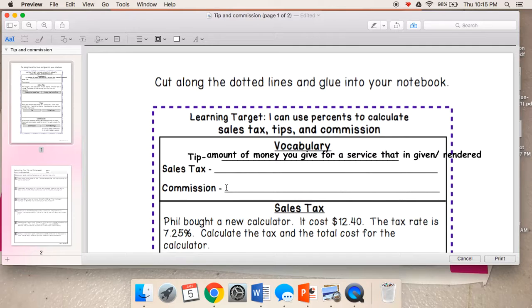I'm going to go down to commission. Under commission, you're going to write, this is a percent of money given based on the amount of sales.